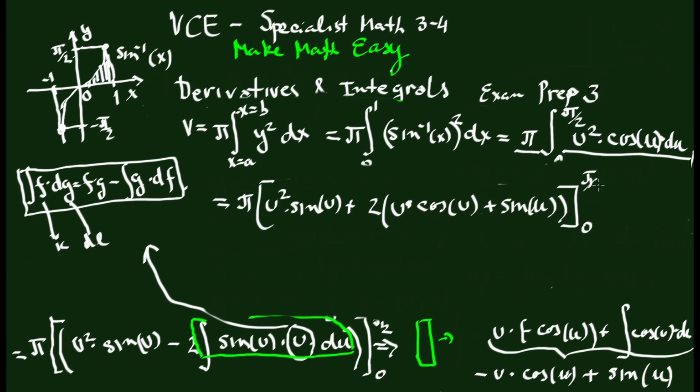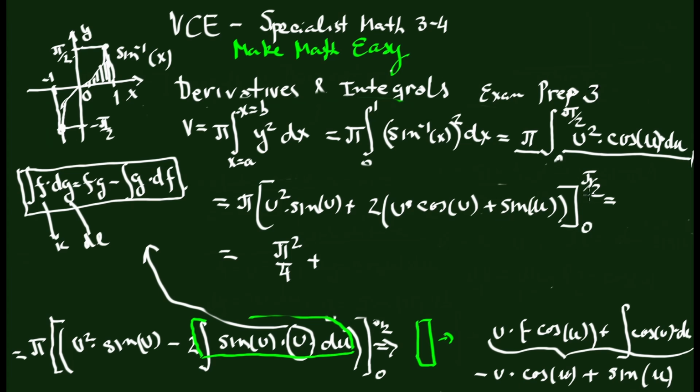From 0 to pi half. So that becomes, here we have pi half, pi square quarter, sine of pi half is 1, so we get pi square quarter, plus cosine of pi half is 0, that's 0, plus sine of pi half is 1.